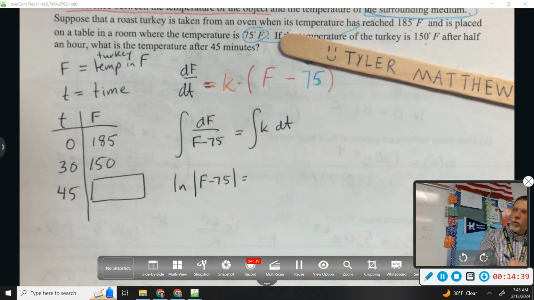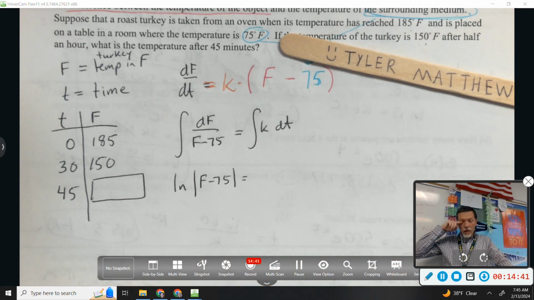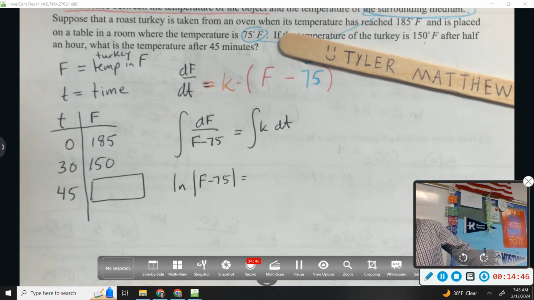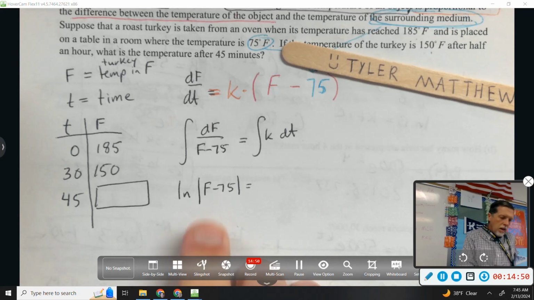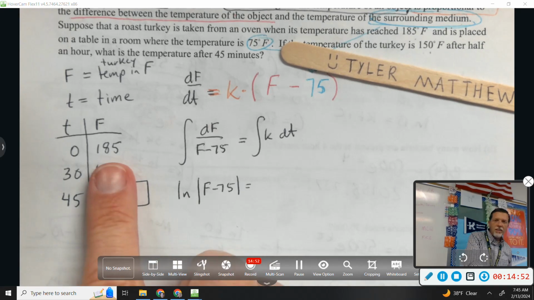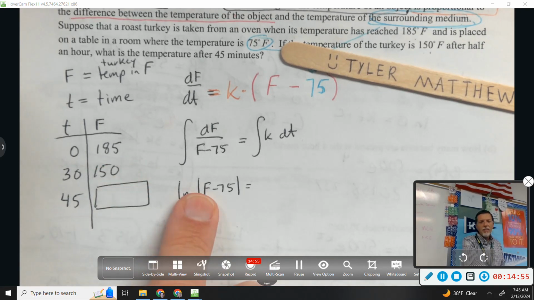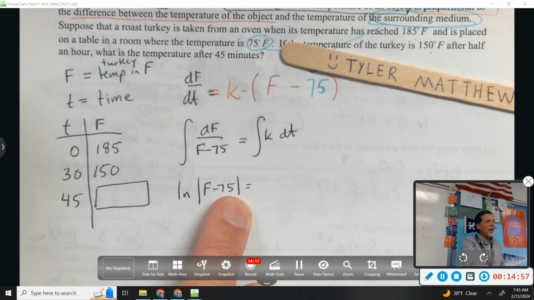A quick word on the absolute value bars. You know, it's supposed to always be there, but if we think about what's going on in this problem, the turkey is taken out of the oven at 185. The room temperature is 75. So F's always going to be bigger than 75.